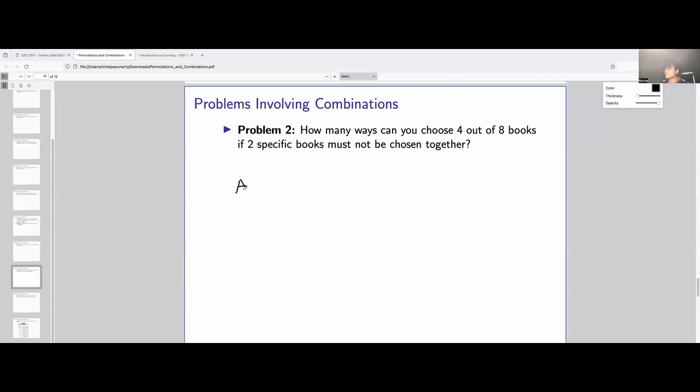So let's say those books are A, B, C, D, E, F, G, H. And let's say that books A and B can't be chosen together.